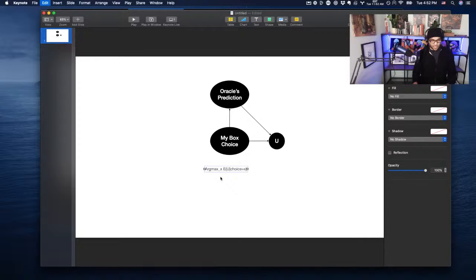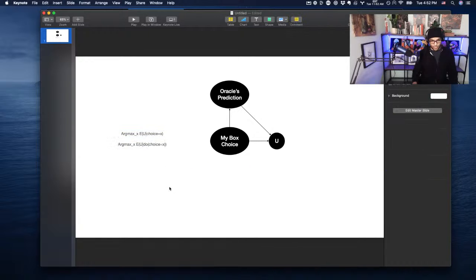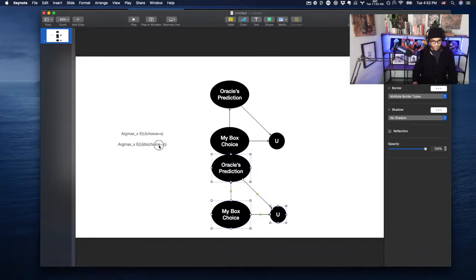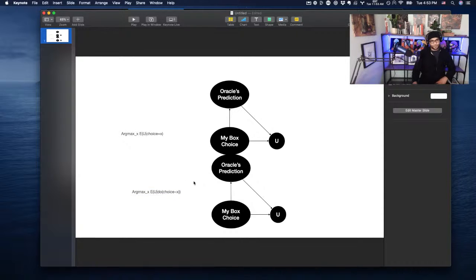And what causal decision theory would say is that we should actually maximize this. So my box choice affects the oracle's prediction, which affects my utility.